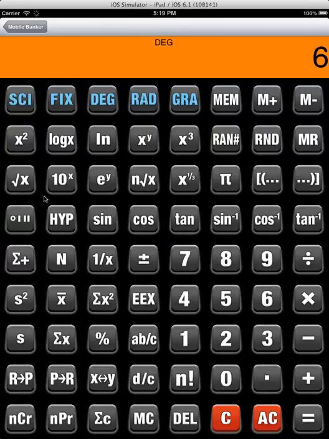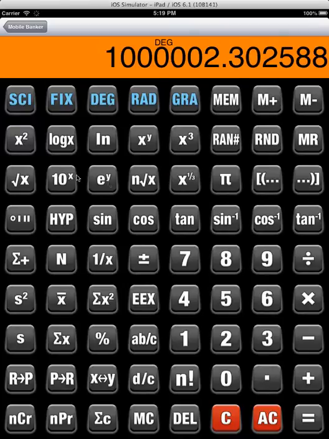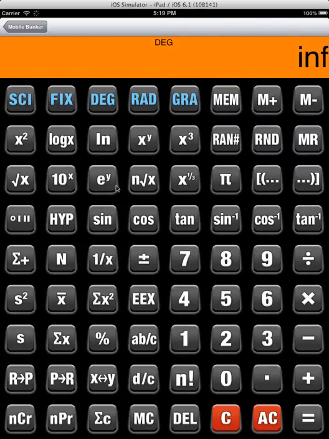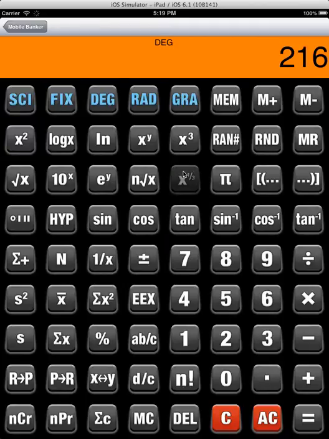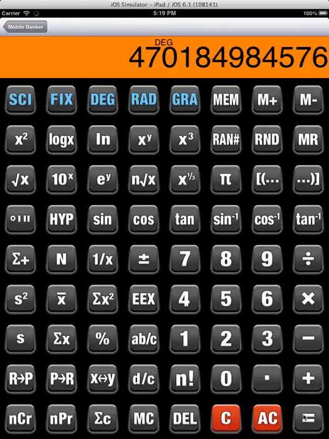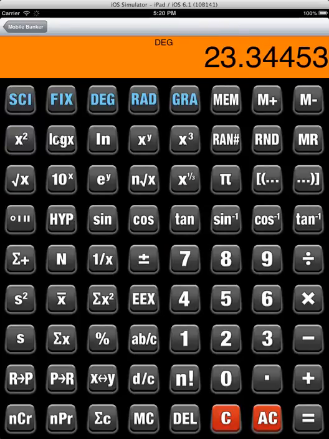Then let us get into square root, square, 10 to the power x, e to the power y, and say 216 cube root and cube. So x to the power y, so this to the power 5 equals this, or square of this, and log of this, natural log.